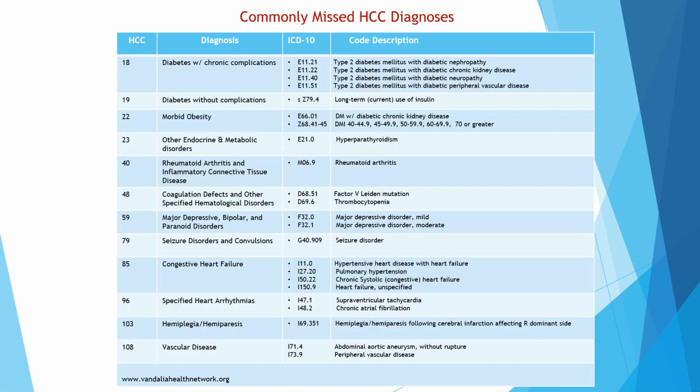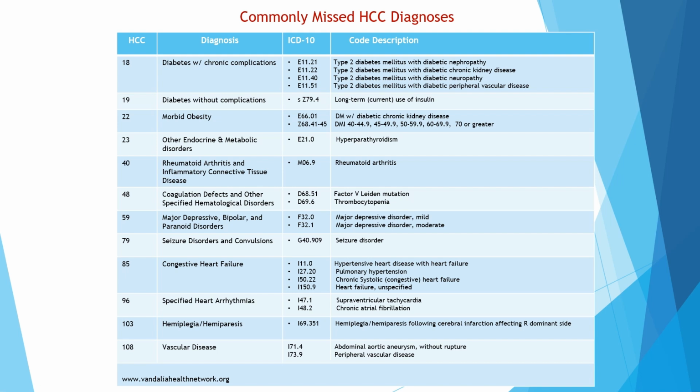Commonly missed HCC diagnoses. HCC 18. Diagnosis is diabetes with chronic complications. ICD-10 code and description are E11.21, type 2 diabetes mellitus with diabetic nephropathy.